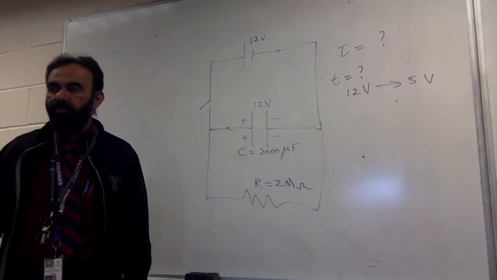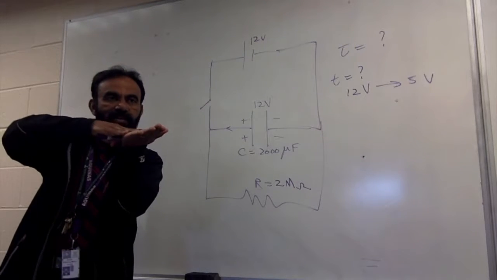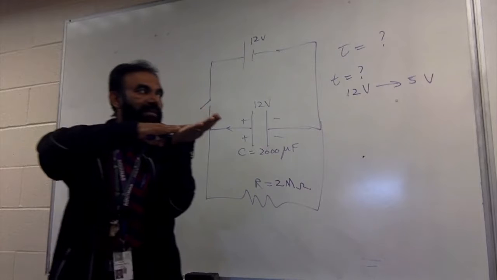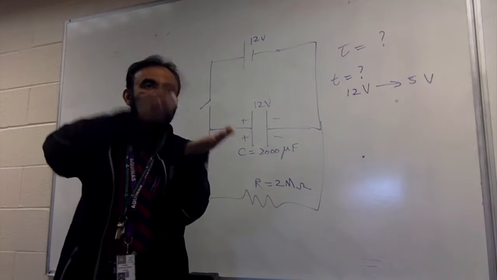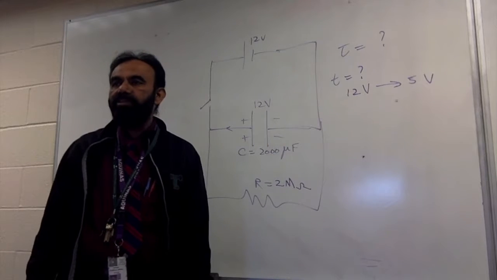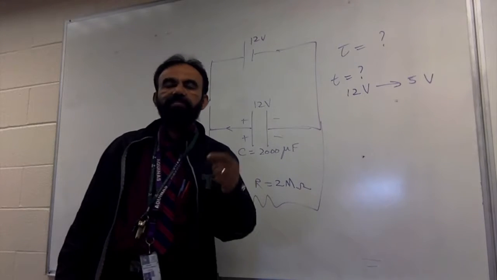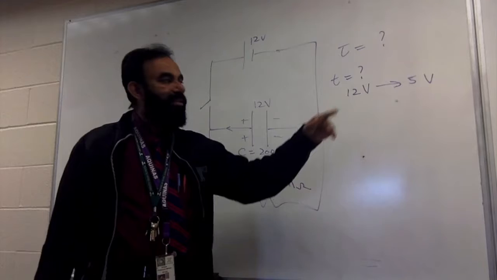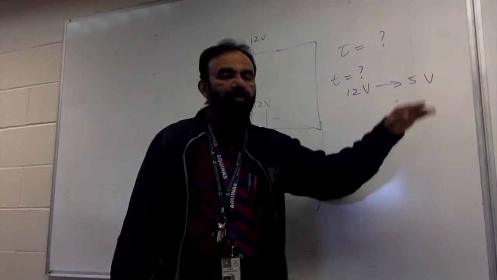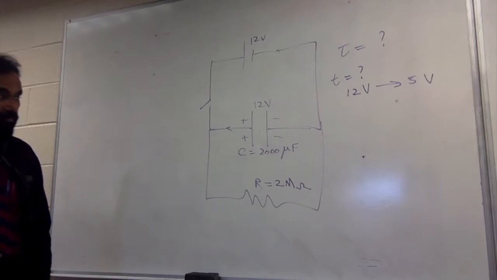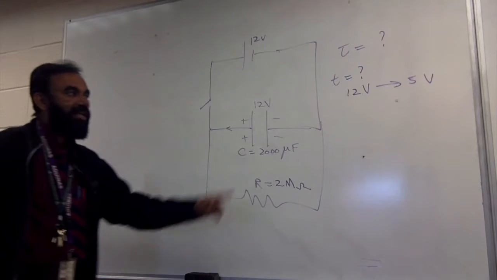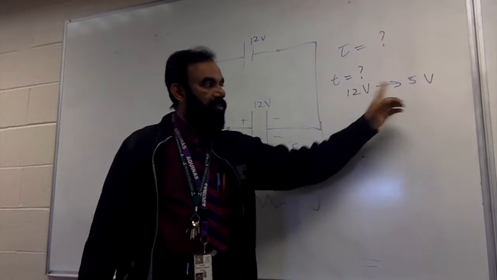Understand what I'm saying? It will make the contact until the voltage reaches 5, and below 5 it releases the contact. The electromagnetism is not strong enough to hold it there. So go ahead and find out the time constant first, and then find the time it takes for the voltage to drop from 12 to 5.